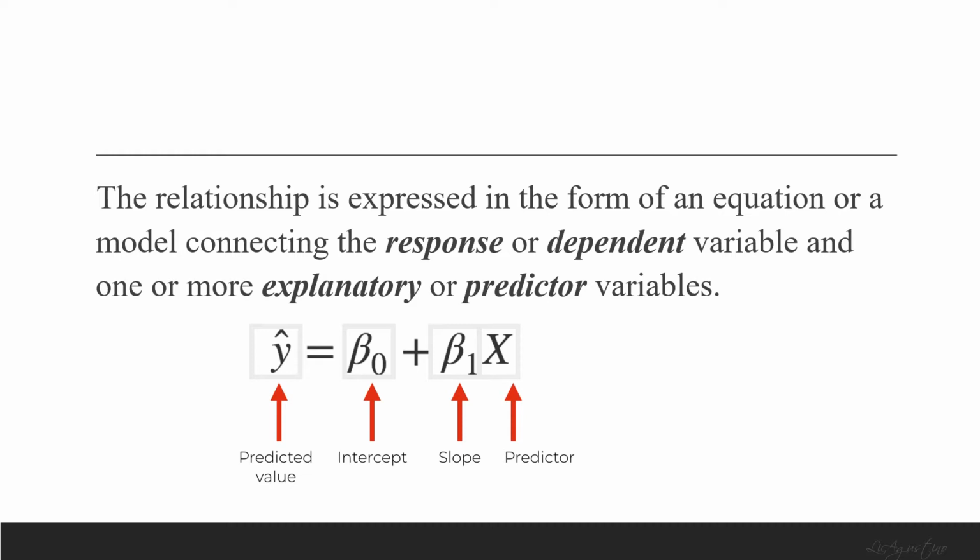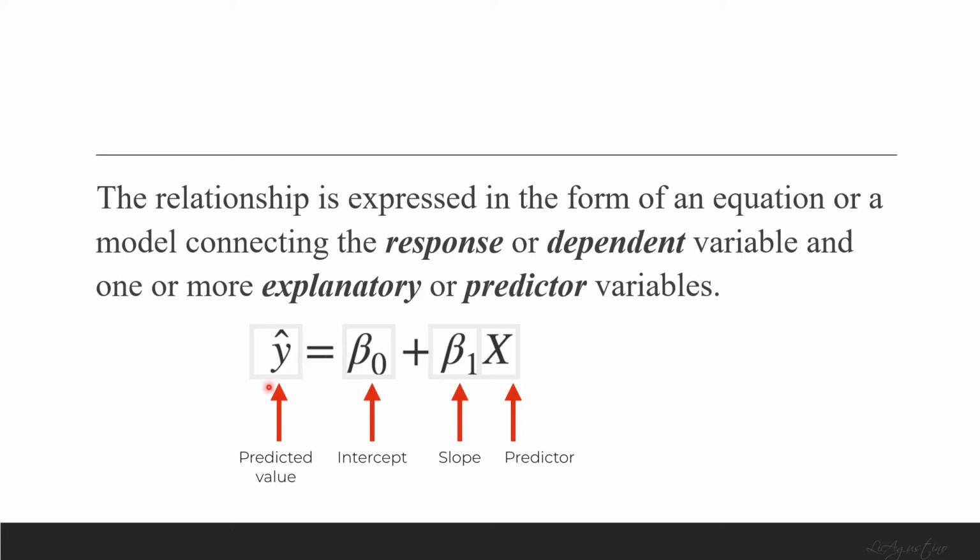We have mentioned some examples in our previous slide: life expectancy as predicted by income or education. Now we convert this into a functional relationship or an equation. The relationship is expressed in the form of an equation or a model connecting the response or dependent variable and one or more explanatory or predictor variables.